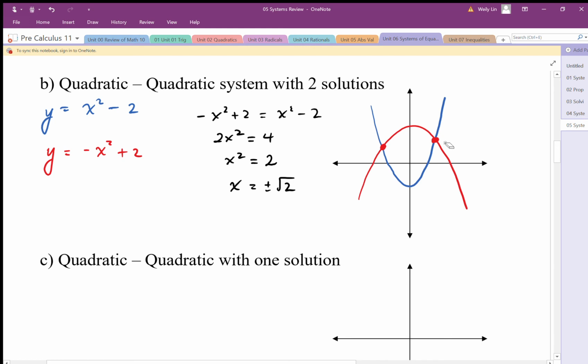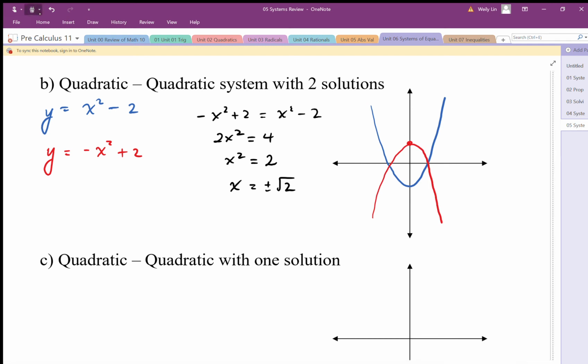So I'll just draw this a little bit more accurately, because it's a parabola that's facing up with a vertex at negative 2. Then I have one that's upside down with a vertex at positive 2. And when x equals root 2, y equals 0.